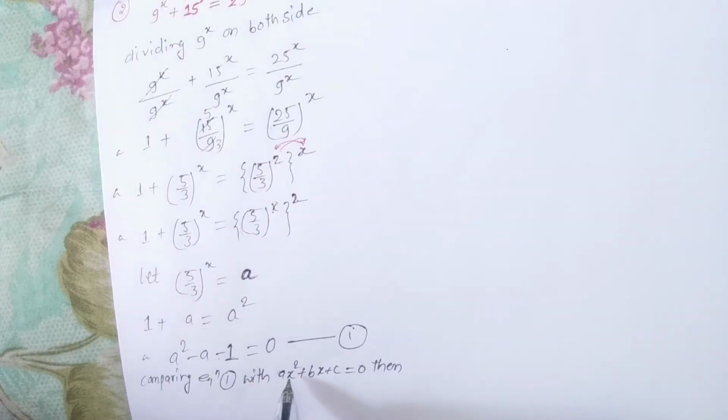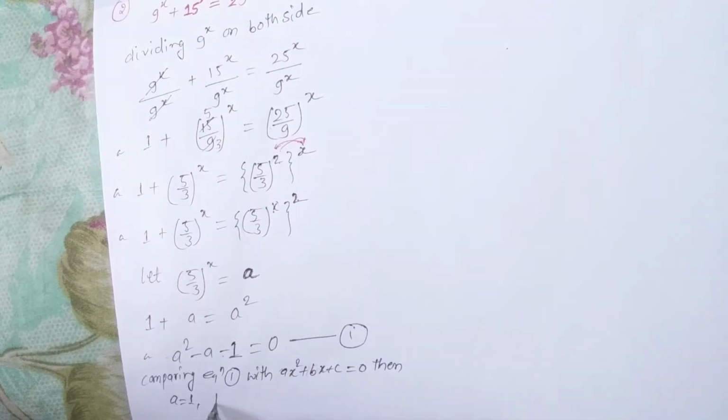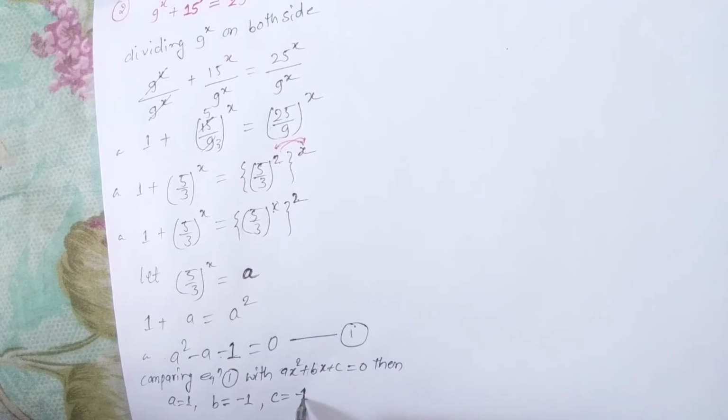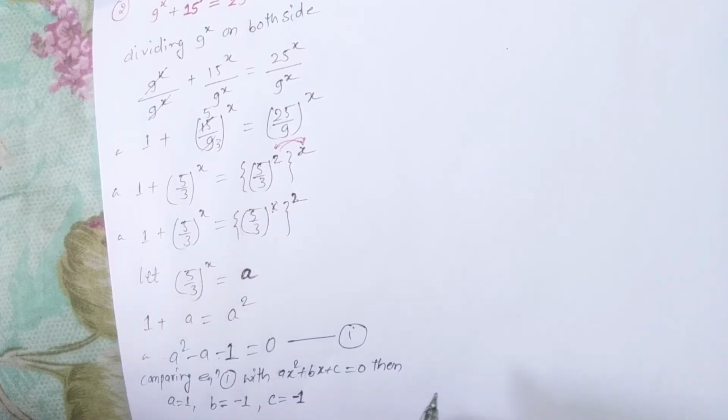As you can see we have no coefficient here, it means the value of a will be 1, the coefficient of x square will be 1, and the coefficient of x, that is the value of b, will be -1, and the value of c will also be -1.